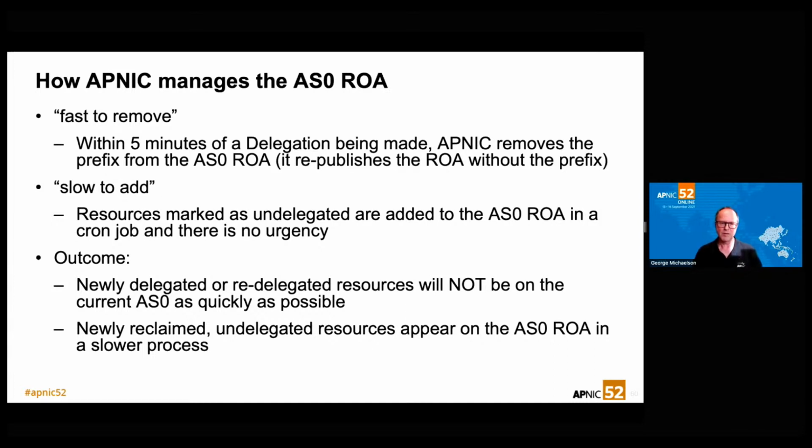So we remove the prefix from the AS0 ROA as quickly as we can, and we do this so the delegated account holder has immediate access to it and can assert valid RPKI as quickly as possible. But when a resource is removed from use and has been marked into reserved or available, we have a slower termination process and reservation process behind the scenes to make sure that there's no justified use of the resource.